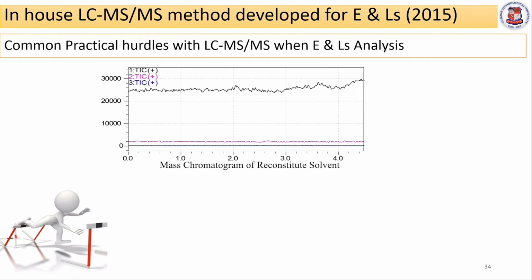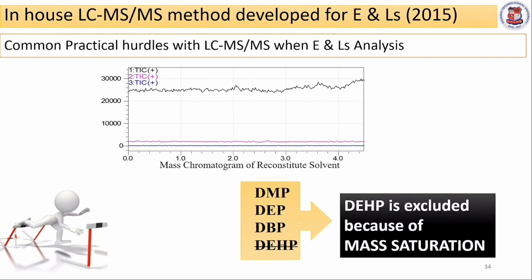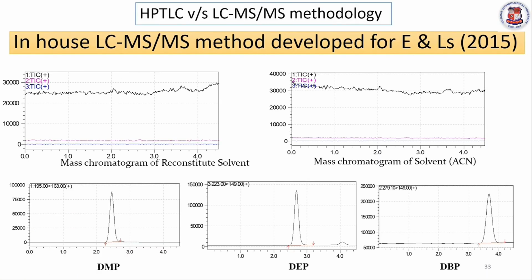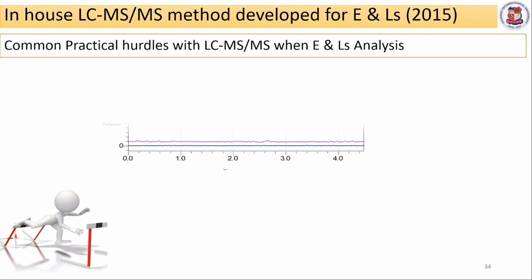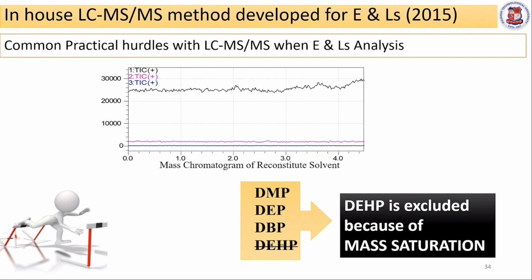So when we use the most sensitive technique, at that time we are getting mass saturations or baseline rise from the system. So that's why the baseline goes up when we are analyzing. At that time, sometimes we are losing sensitivity. So what are the common practical hurdles with LCMS when we analyzed?